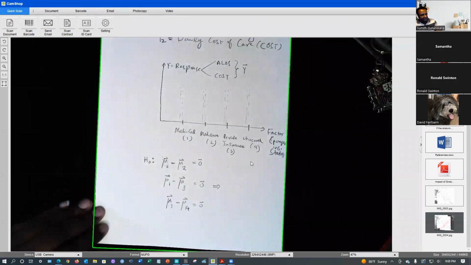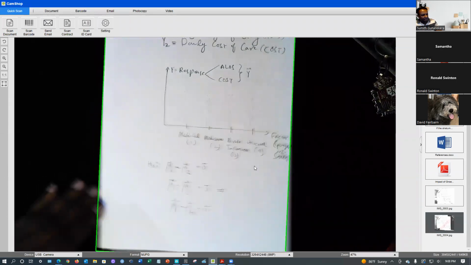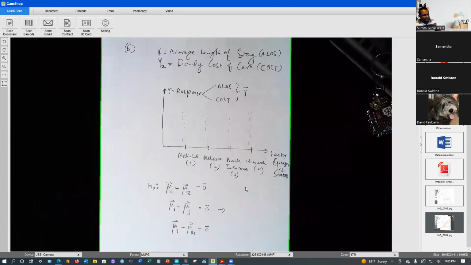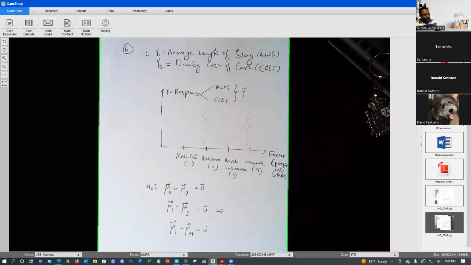This is the scenario. Y1 is the average length of stay, and Y2 is the daily cost of care. You have four groups, and the factor is the payer's insurance status: Medi-Cal is 1, Medicare 2, private insurance 3, uninsured 4.